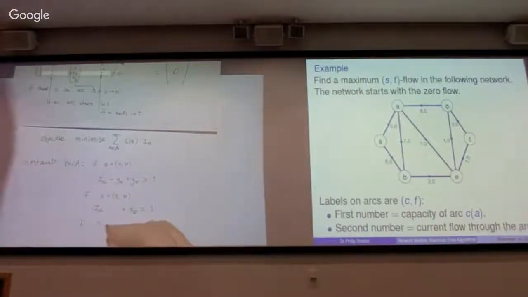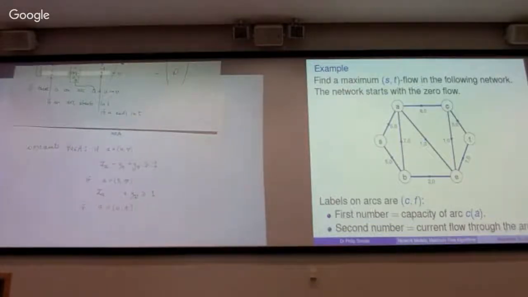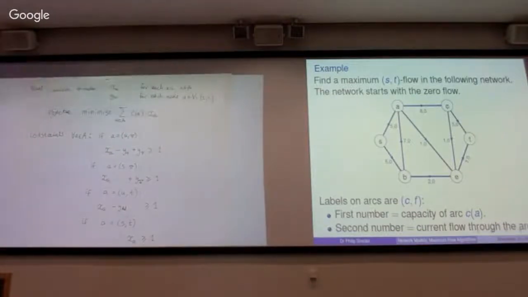If A is an arc that ends in T, then the YV will disappear. So we'll have XA minus YU greater than or equal to 1. And if actually there is an arc directly from the source to the target, the only thing there will be is that XA is greater than or equal to 1.